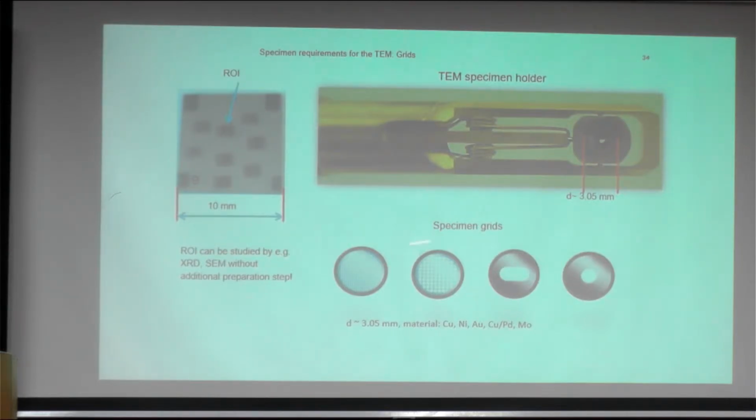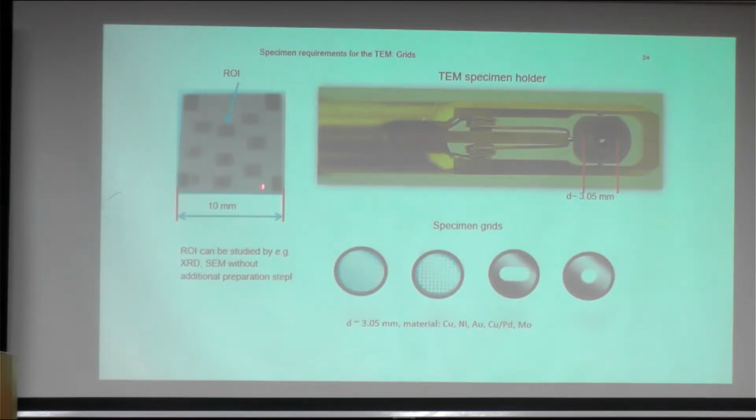There are special specimen grids to adjust your specimen here, made of different materials. As you can see, if you have your bulk sample, like 10 by 10 millimeters, you have to transfer this somehow to your grid.